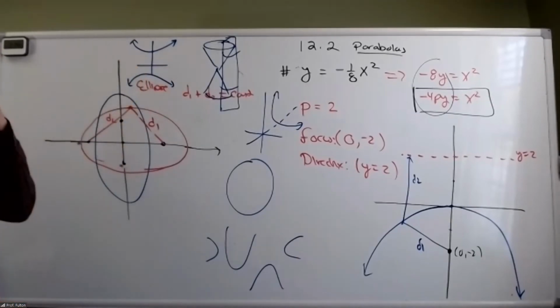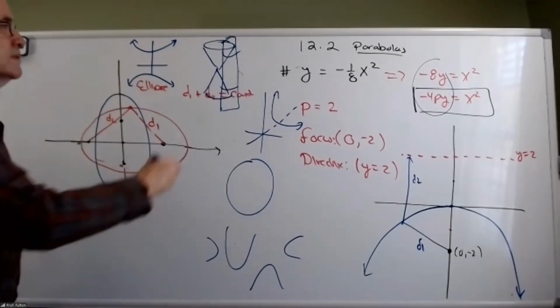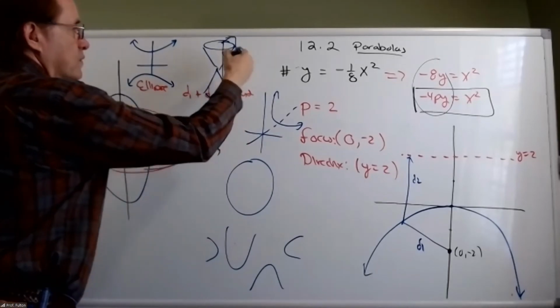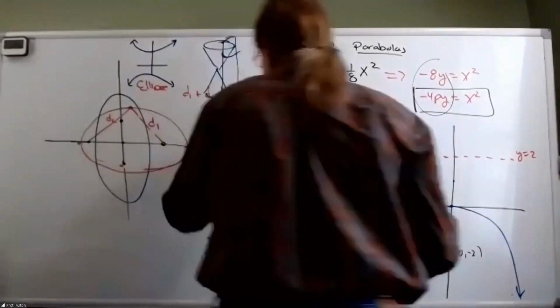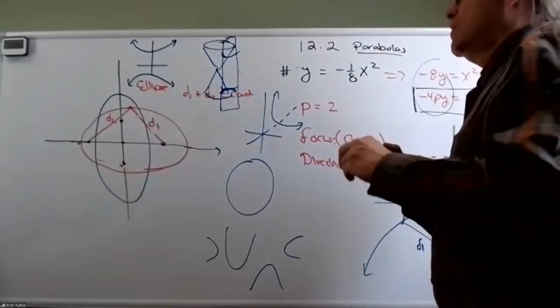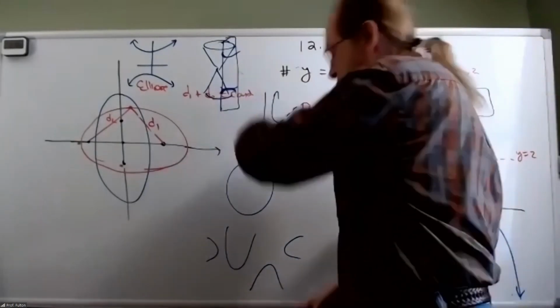Almost like two parabolas. It's not quite, but they're similar to two parabolas combined together. You have this, and you have a cutting over there, so you're up and down, and that's what you get. We'll look at that on Thursday.